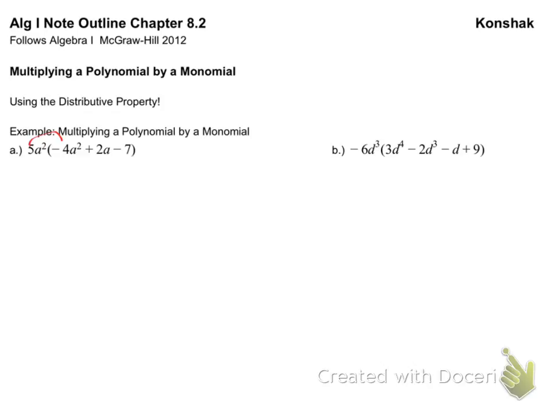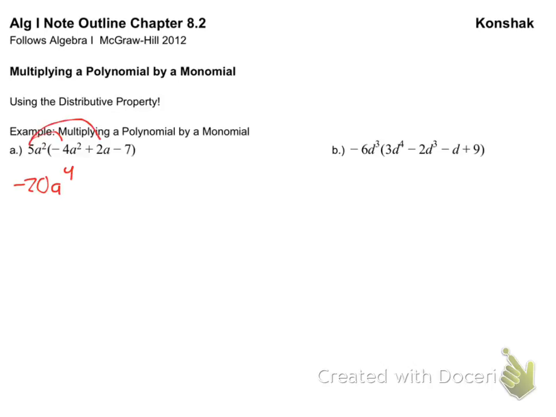When you multiply variables with the same base, you do what to the exponents? Add them. We're past that, guys. I'm not requiring you to write a to the 2 plus 2 anymore. You should know 2 plus 2 is 4. So 5 times negative 4 is negative 20a to the 4th.